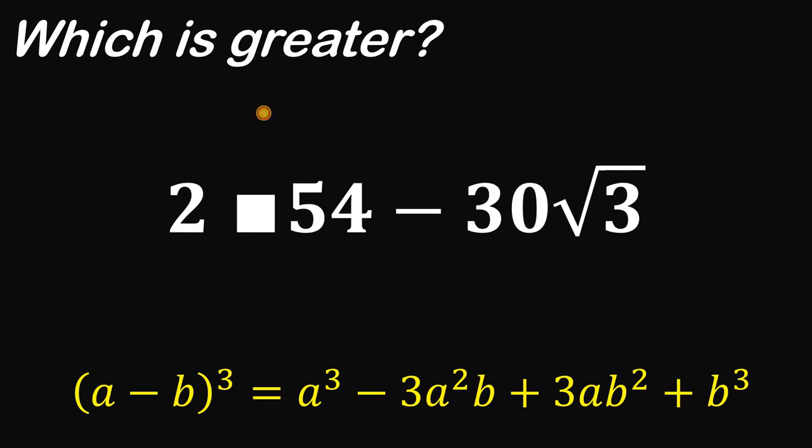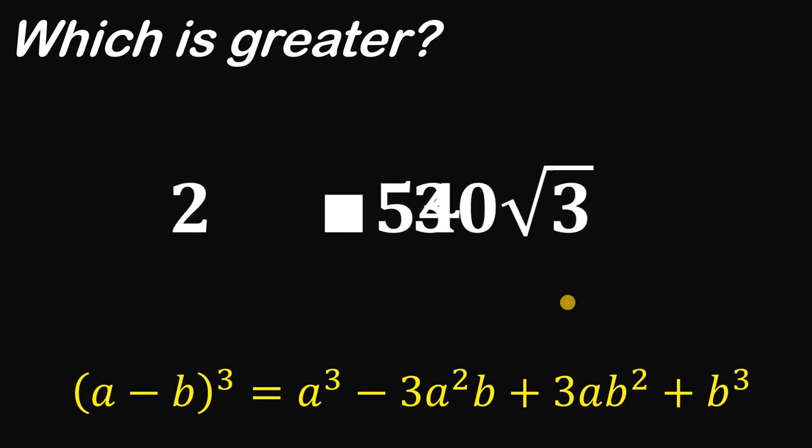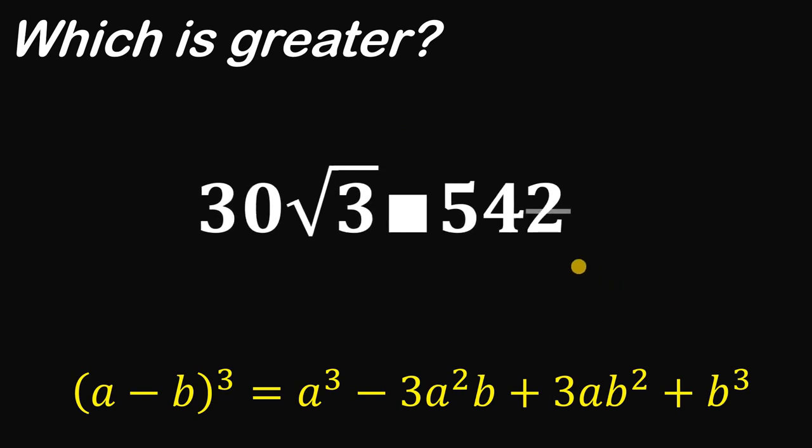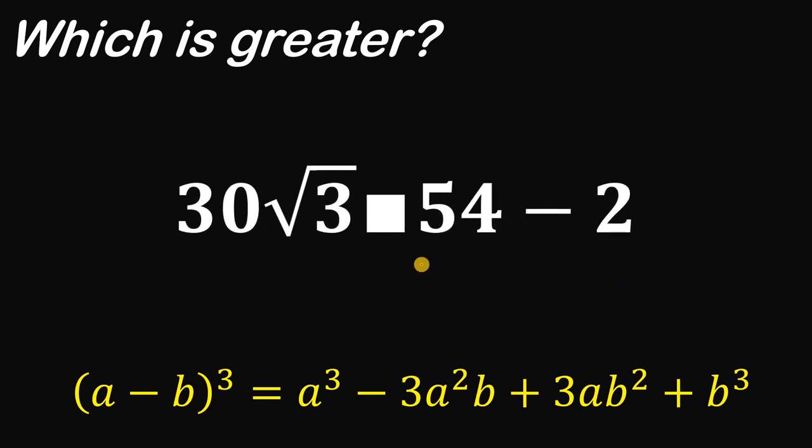Let's make this a positive number by adding 30 square root of 3 on both sides, and then subtracting 2 on both sides. Again, with all of these operations, the inequality doesn't change. Now let's simplify: 54 minus 2 gives us 52.